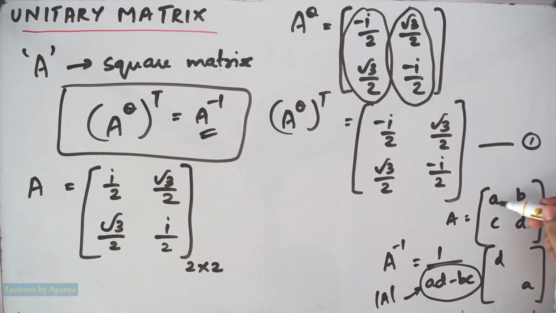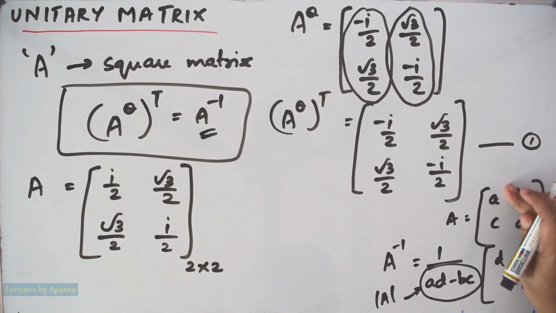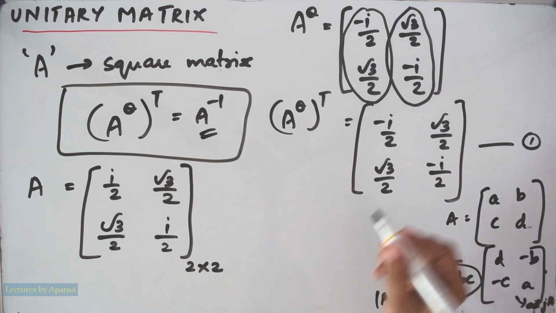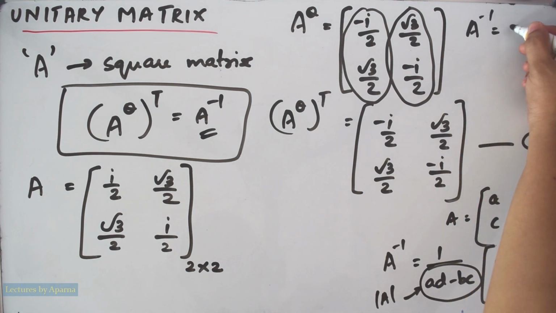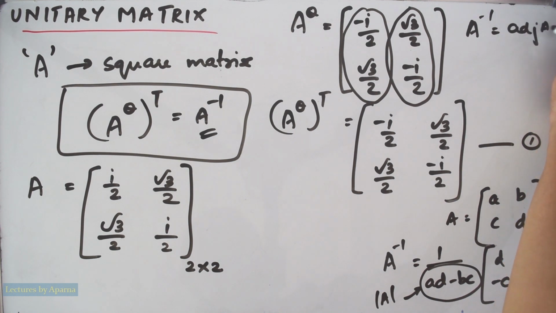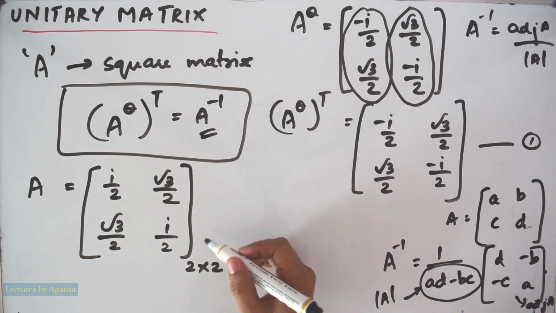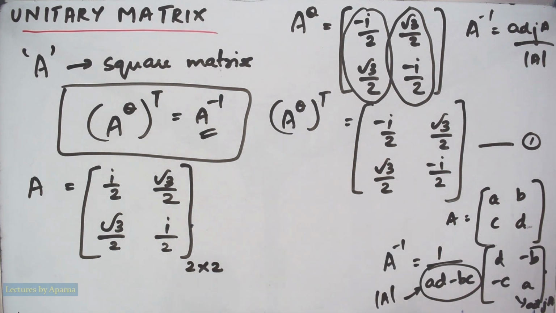That is, interchange these two elements. This element will become the element here and this a will come here. And then reverse the sign of these two terms, so it will be minus b, minus c. This is adjoint A. So A inverse is equal to adjoint A by mod A. So here we can find the A inverse of this A.